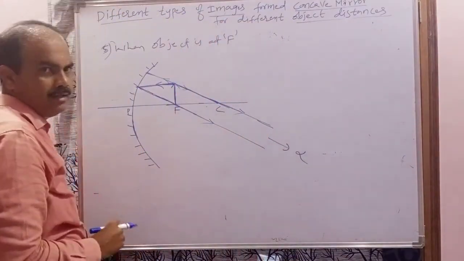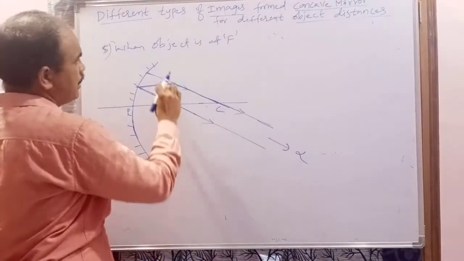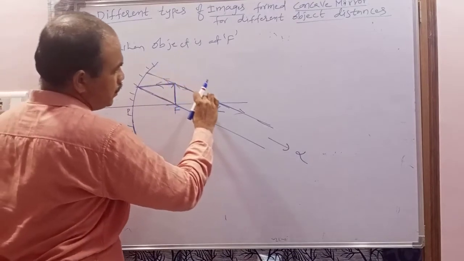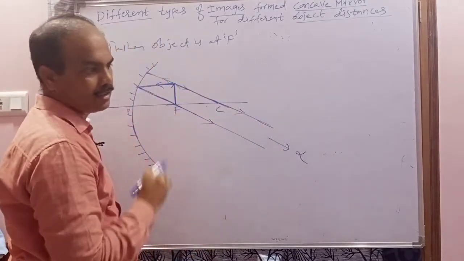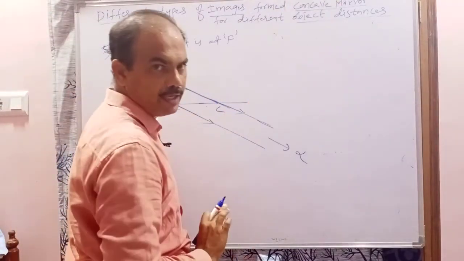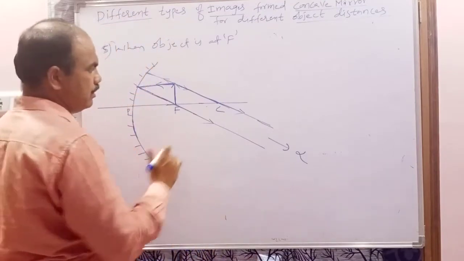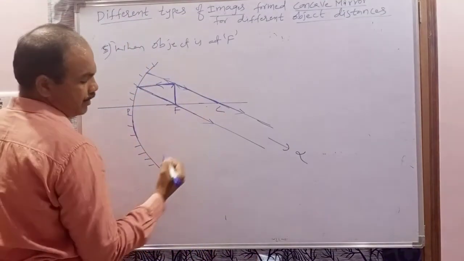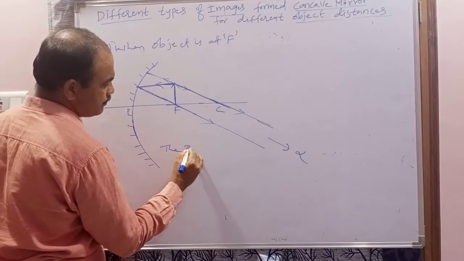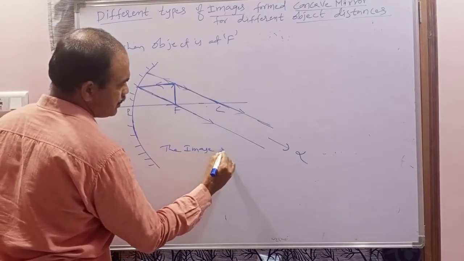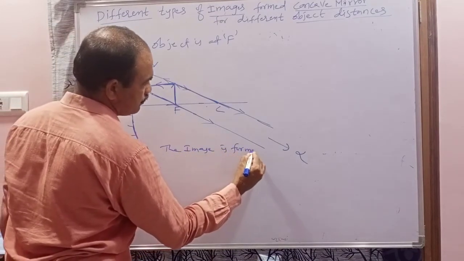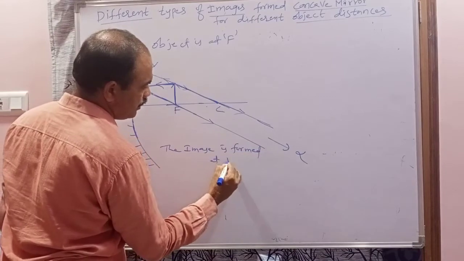Why are we saying the image is at infinity? Because these rays look parallel. So the image is formed at infinity.